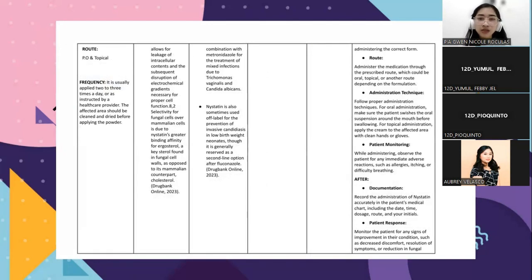So nystatin is also sometimes used off-label for the prevention of invasive candidiasis in low birth weight neonates, though it is generally reserved as a second-line option after fluconazole. So magagamit din siya for off-label for the pag-prevent ng invasive candidiasis sa mga low birth weight sa taas po.